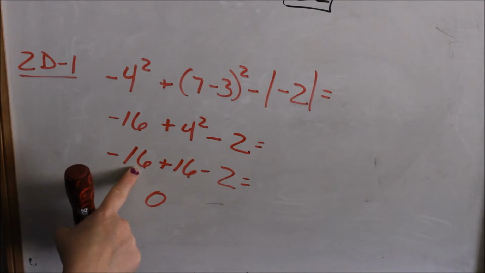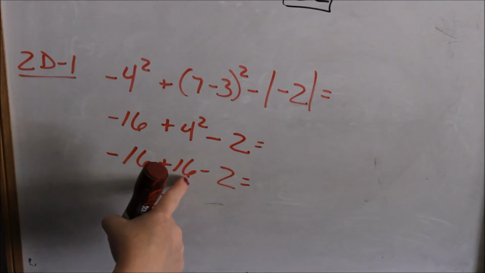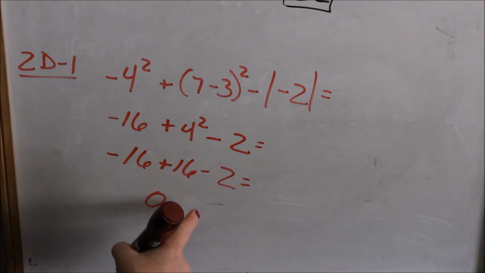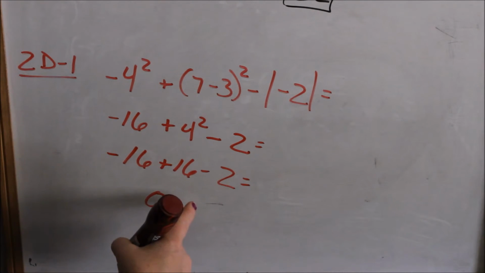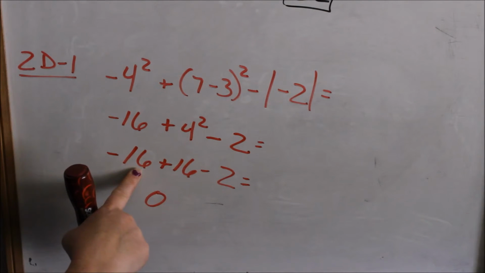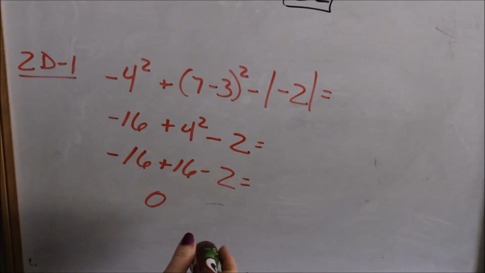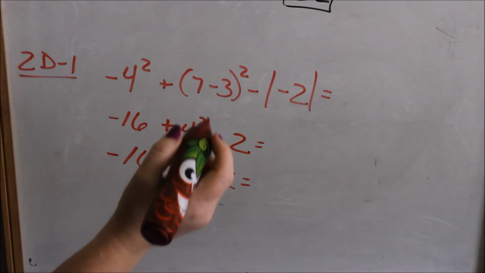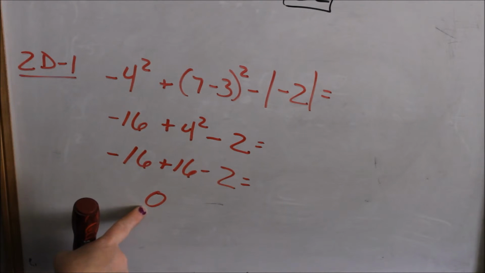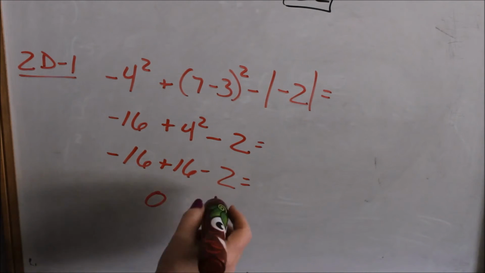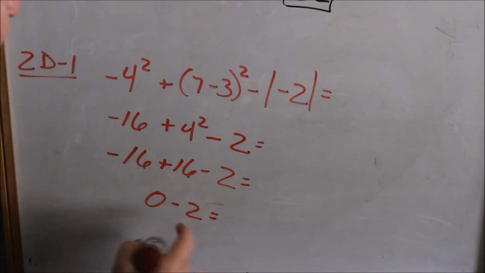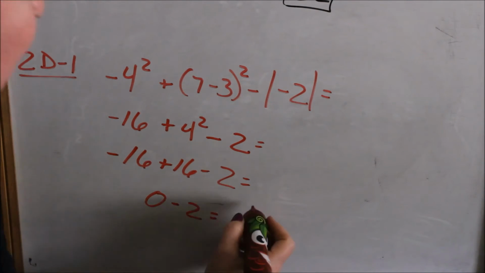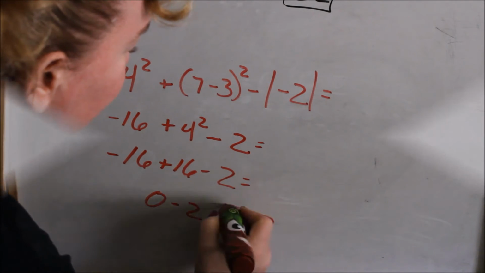If I'm in debt 16, someone gives me $16, I'm now back at 0. Actually, I'm in debt 16. Yeah, I said that correctly. Anyway, so 0 minus 2. If I have nothing and I'm subtracting 2, then I have negative 2 left.